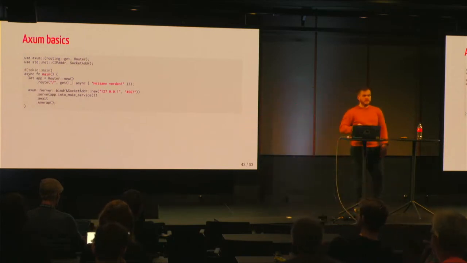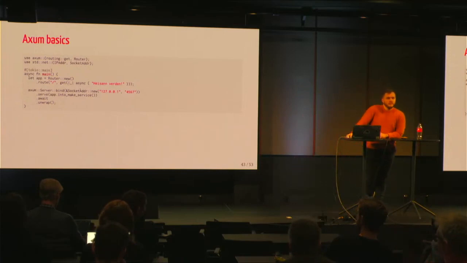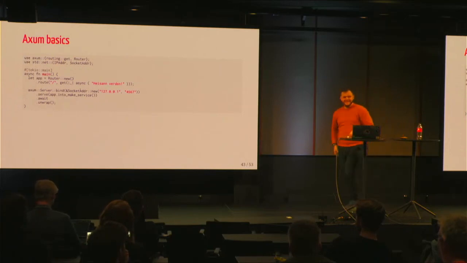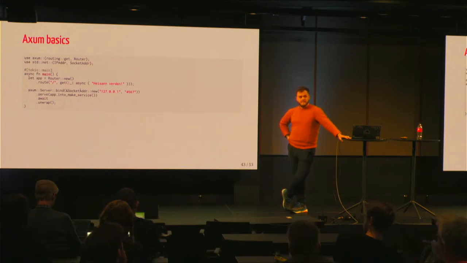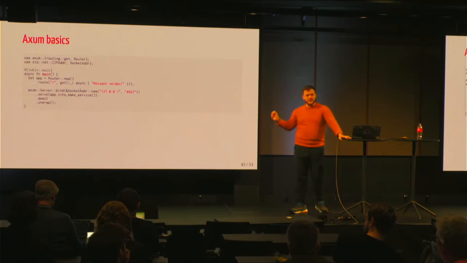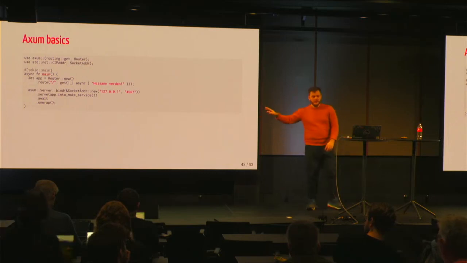Question: why would you make the main function async? The question was why you would make the main function async. Because we want fearless concurrency, I think. Not entirely sure. This is just the way used for Tokio.